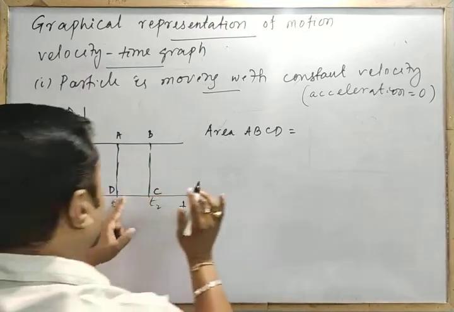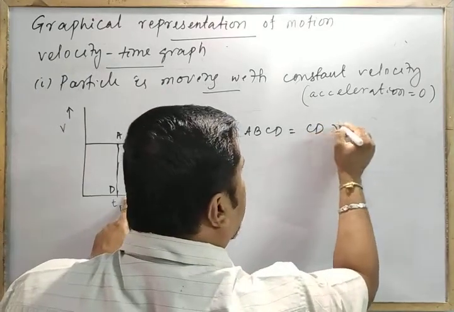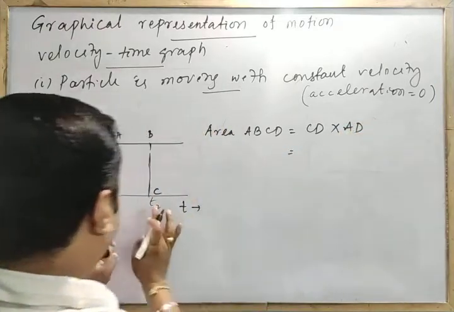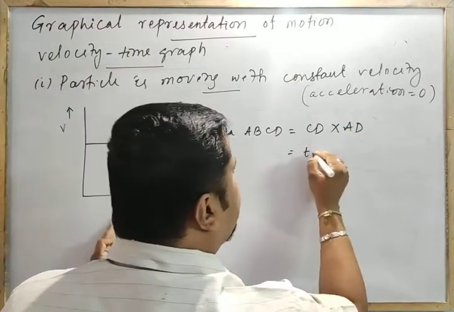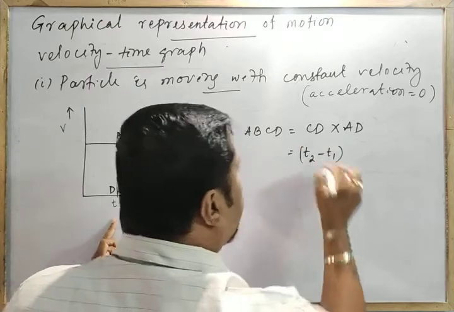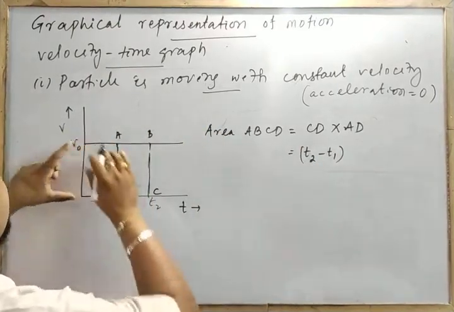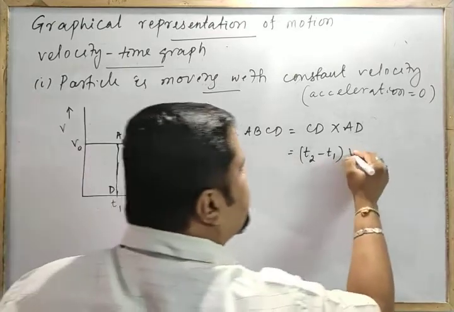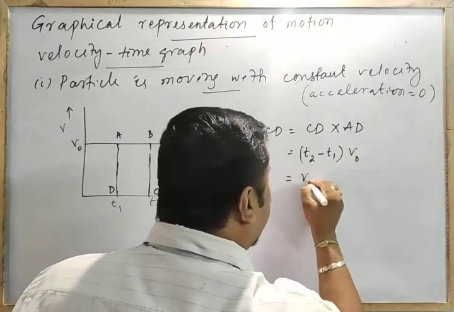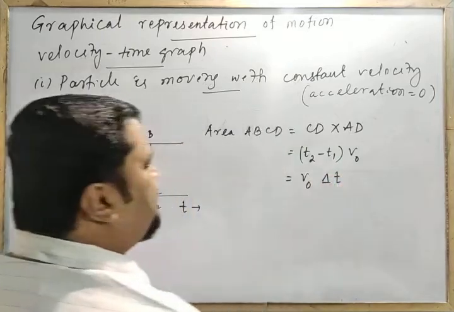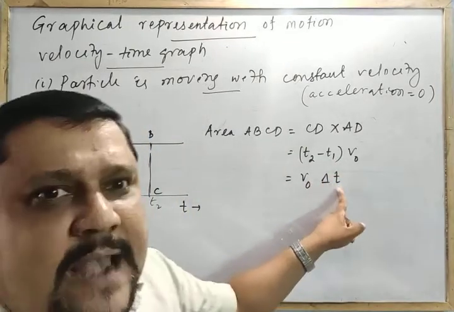So you can say that CD multiplied by AD. What is CD? CD is nothing but t2 minus t1, this is delta t. What is this AD? Suppose that is your v naught, a constant velocity v naught. So velocity into time.